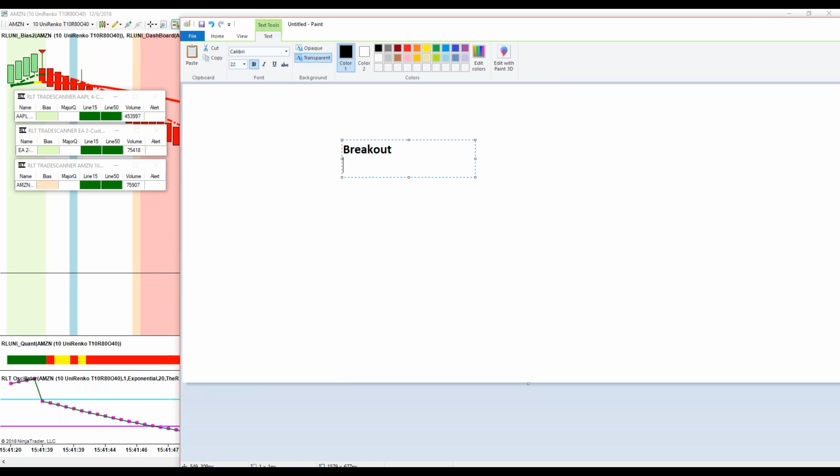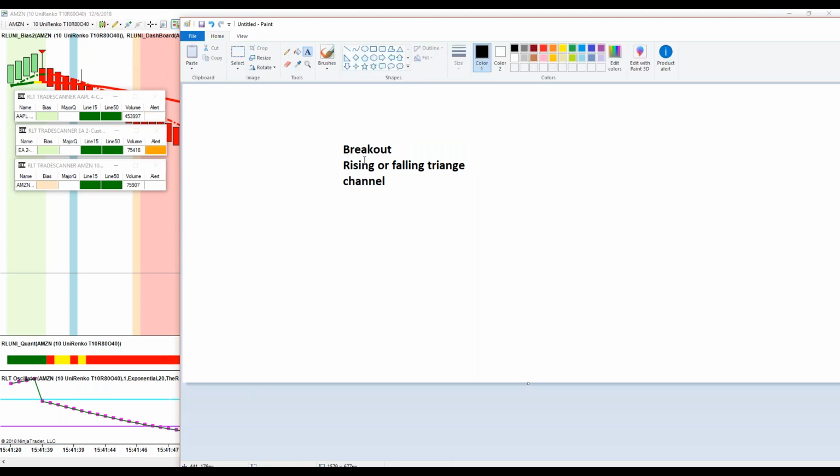The other is that they will look for a rising or falling triangle. And depending on their sophistication, they may look at a breakout of a channel. But what they're looking at is patterns. And here's a rising triangle.